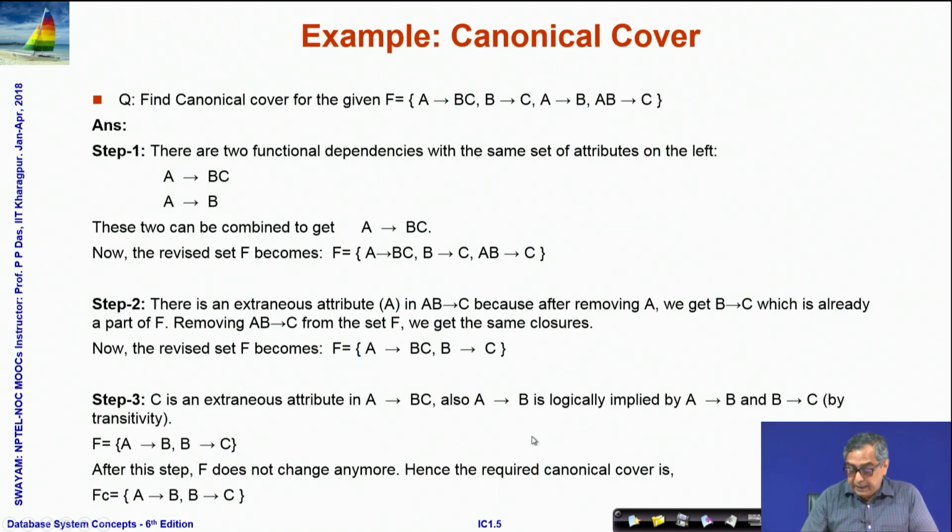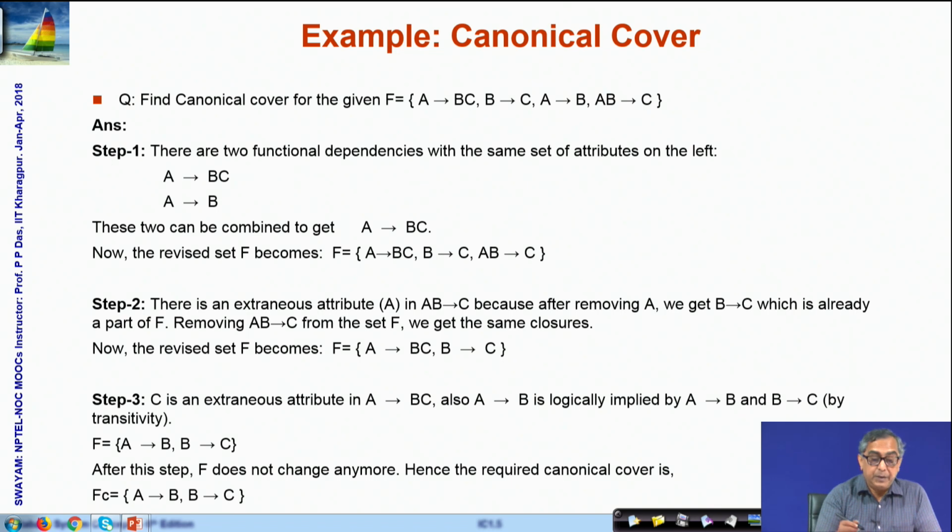So, let us say that we have a set of functional dependencies as given here. A determines B C, B determines C, A determines B, A B determines C. So, we want to find the canonical cover, and for that we need to identify the extraneous attributes. So, we can see that for the union rule, there is one functional dependency here and another here, which has the same left hand side.